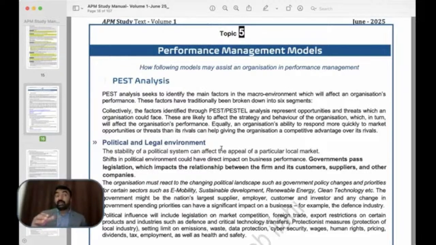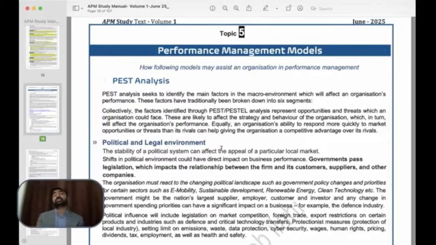Then the question may ask you to recommend the suitable KPIs or advise the board or advise the CEO or advise the executive management of the organization how these changing factors may impact the performance of the organization. For example, if there's inflation, or if there is a recession, or if there are new regulatory changes.